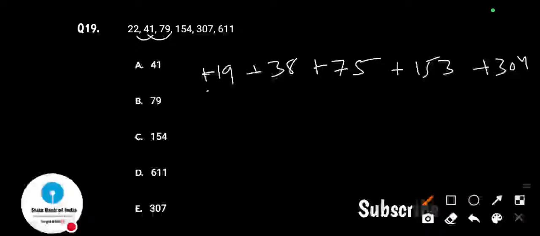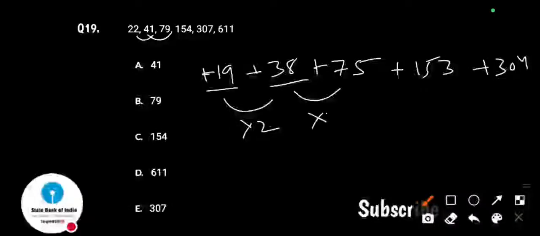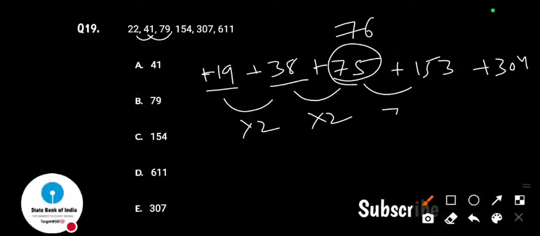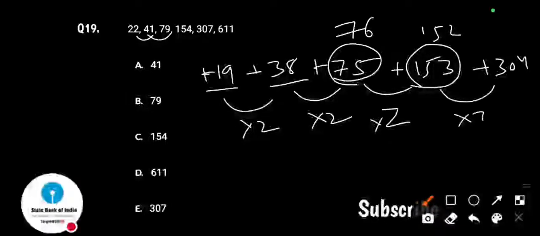So 19 becomes 38, means into 2 times, so the next 2 times must be 76, and the next 2 times must be 152. 152 2 times will be 304. So our wrong number is here, we have 19, 38, the next one we have the wrong number, so 154 is our wrong number.